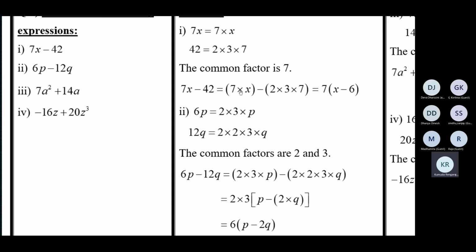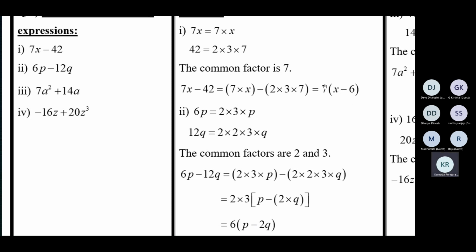So now 7x is 7 into x minus this 42 is 2 into 3 into 7. And what is common between them? 7 is common. So take out 7 as a common factor. If you take away 7, what remains is x. So in the bracket x, this minus sign, and the remaining two numbers, 2 into 3 is 6.